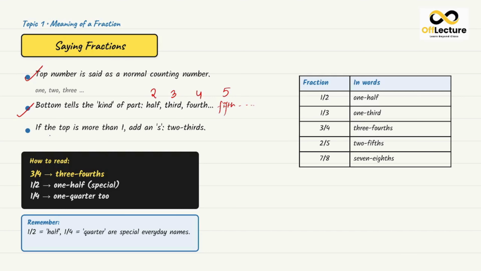If the top is more than 1, then we add s to it. For example, 1 over 3 we say as 1 third. But 2 over 3 we say as 2 thirds. We have added an s to it.